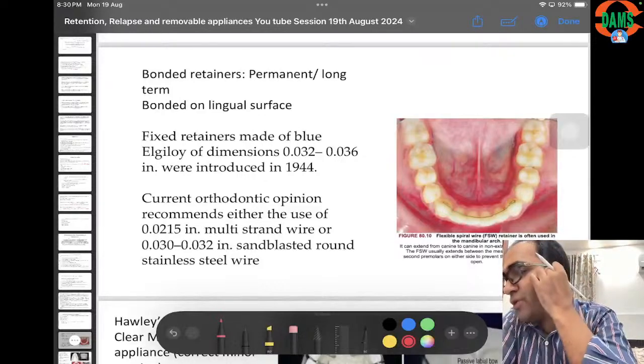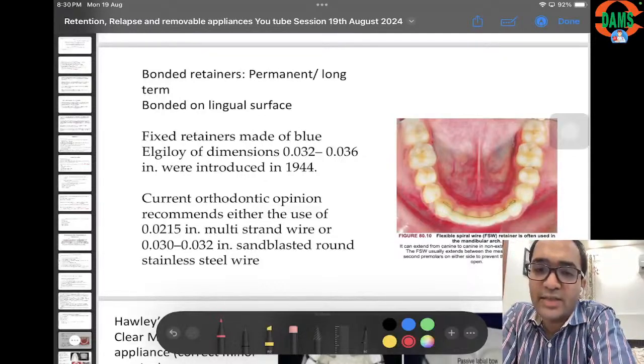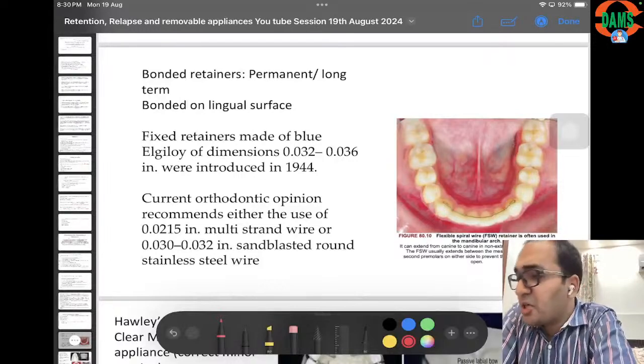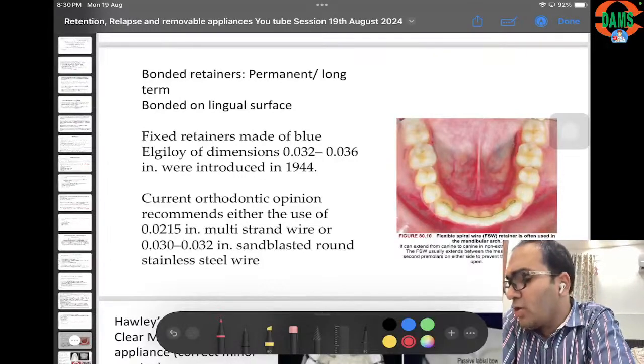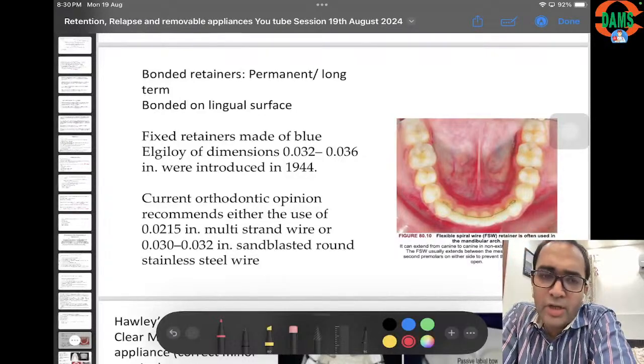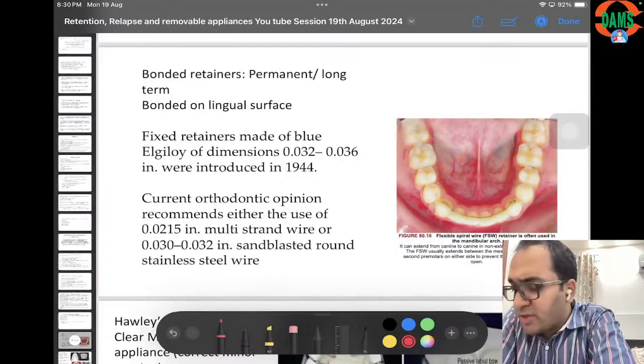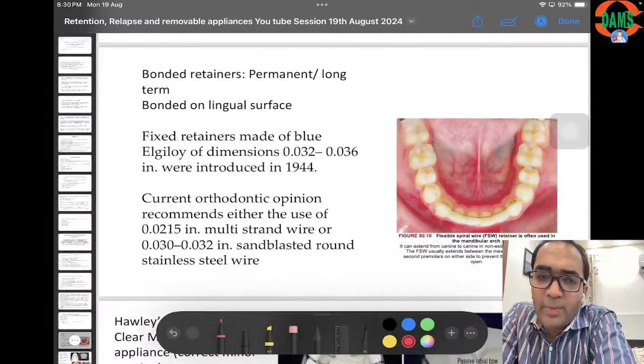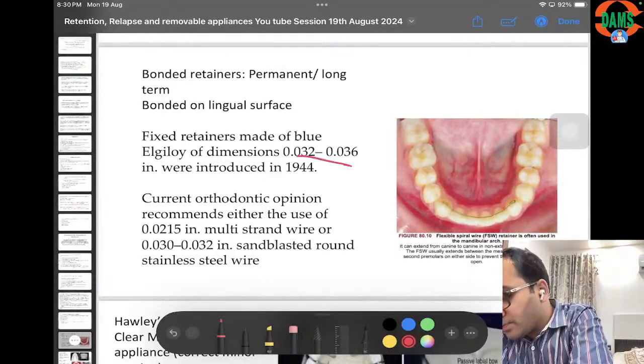It is bonded on the lingual surfaces of incisors. It can extend from premolar to premolar, or from canine to canine, or incisor to incisor, depending upon the case. What is important for you is that they are made up of blue Elgiloy wire of dimension 0.032 to 0.036 inches.